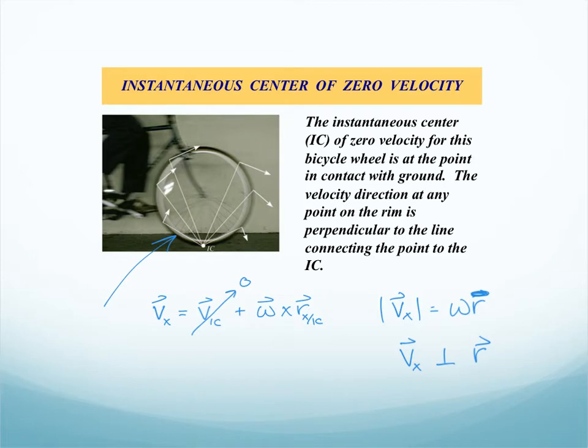All those velocity vectors were simply drawn by going to that point and then drawing a vector that was perpendicular to the radius, and that would be the velocity vector.